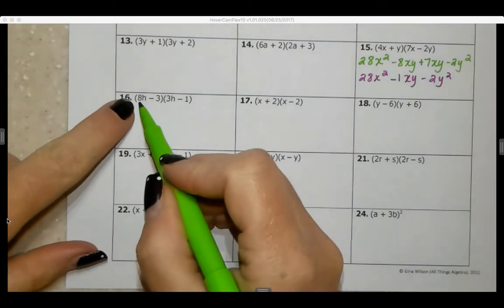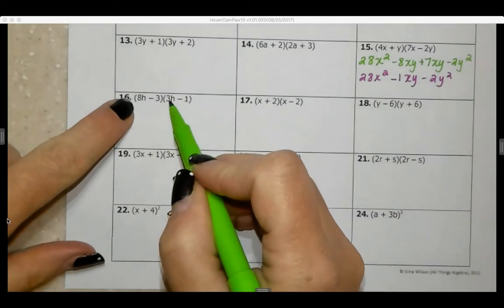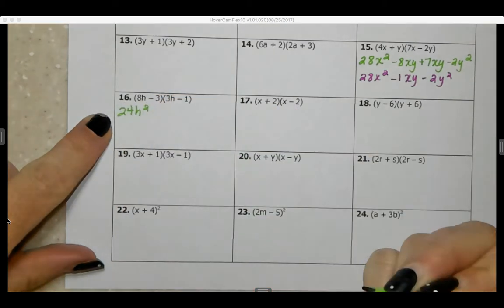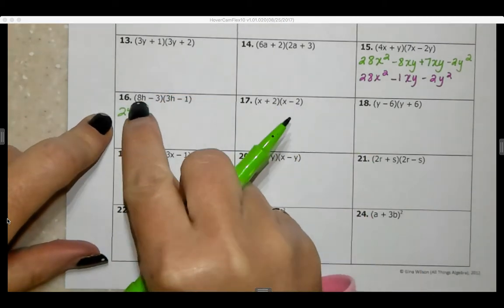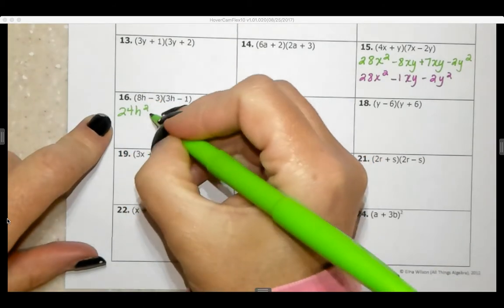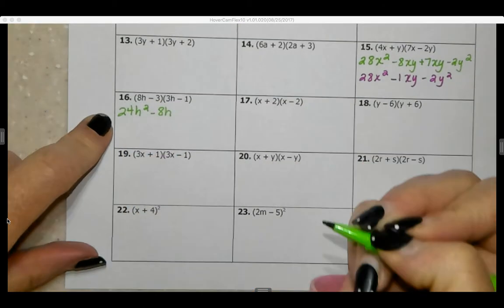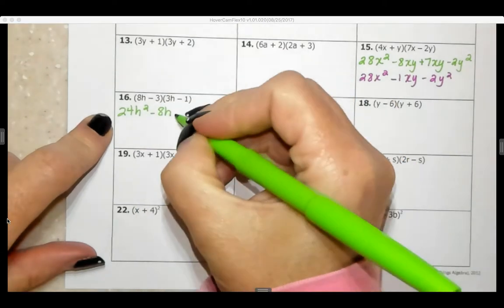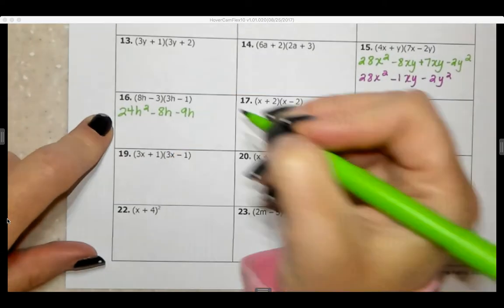Here we go with 16. 8h times 3h is 24h squared. Outers, 8h times -1, -8h. Inners, -3 times 3h is -9h.